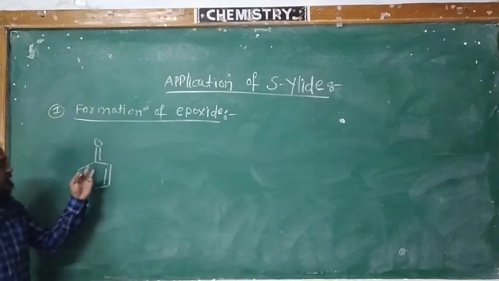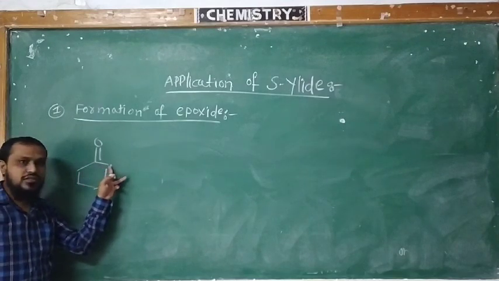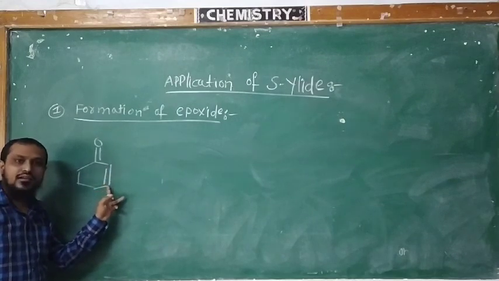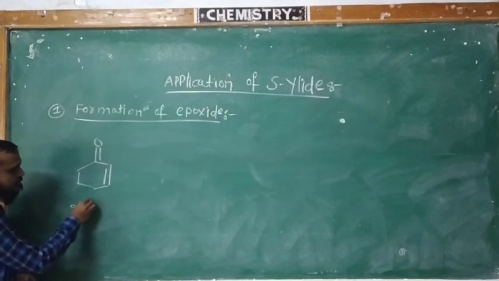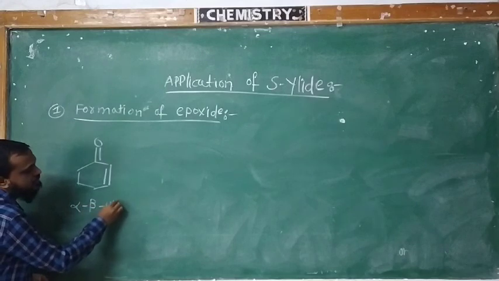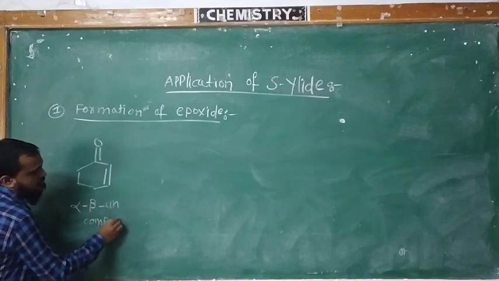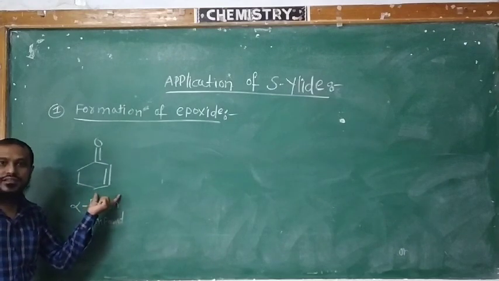This is our functional group, this is the alpha position and this is the beta position, and the alpha and beta positions have one double bond, meaning unsaturation, so it is called an alpha beta unsaturated compound. Okay, this is the structure of an alpha beta unsaturated ketone.